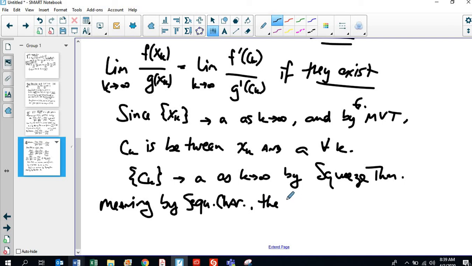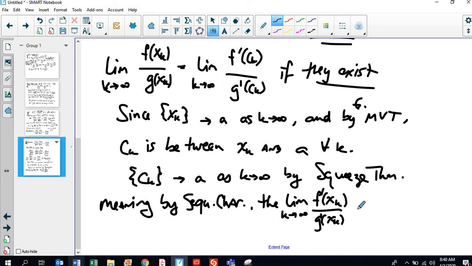the limit as k goes to infinity of f prime of xk over g prime of xk, sorry, these guys are primes, right?